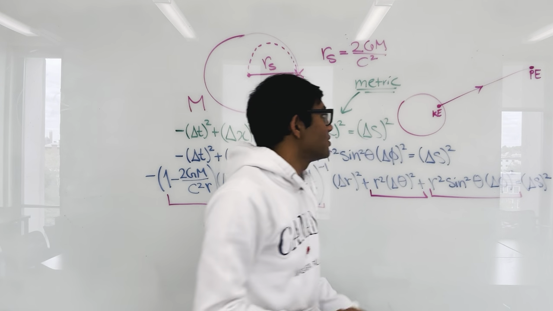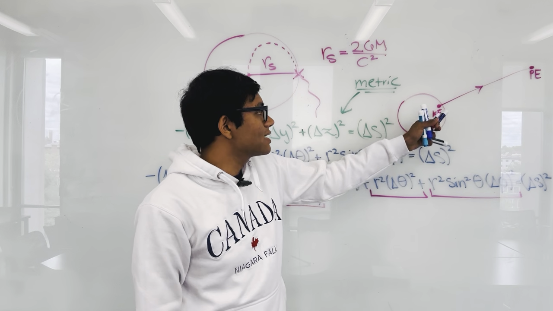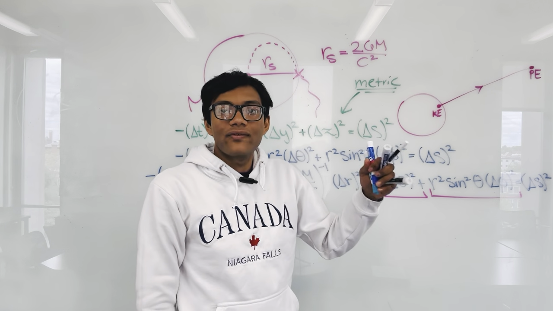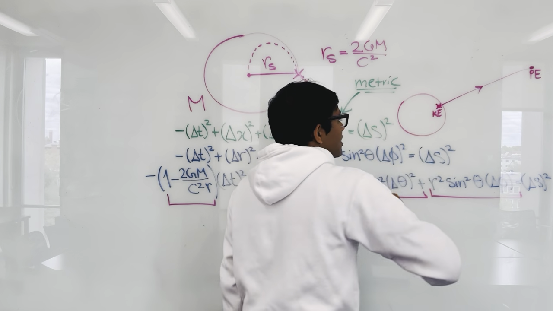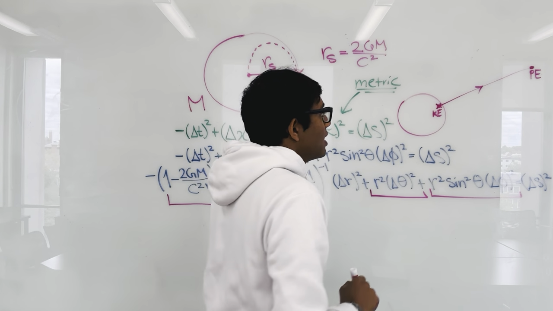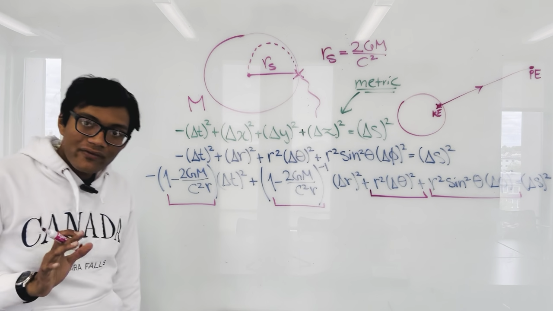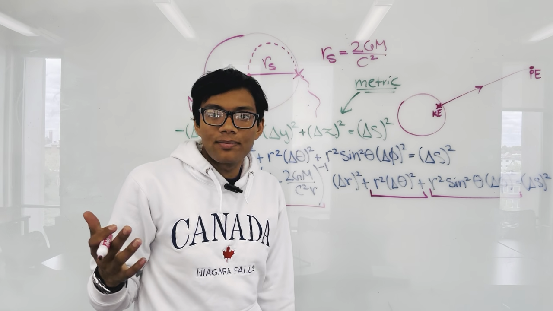So the idea is that you have some particle, maybe it's a photon, a beam of light, that has just enough kinetic energy to escape the black hole. Maybe it's just at the edge of the event horizon. So when the photon is at the edge of the event horizon, it has a lot of kinetic energy. By the time it has gone arbitrarily far away from the black hole, it has lost all its kinetic energy, but we know energy cannot be lost.